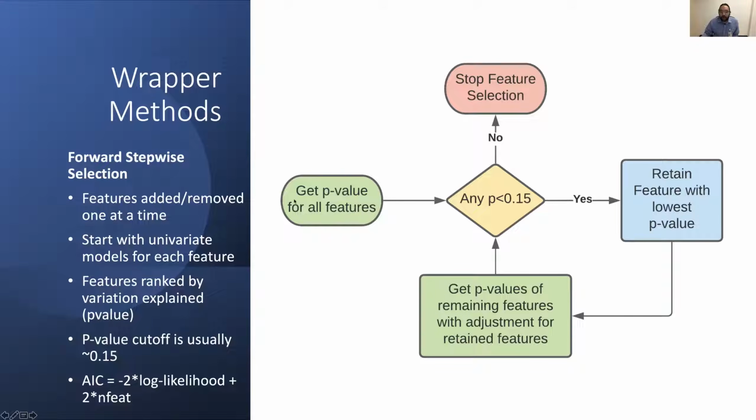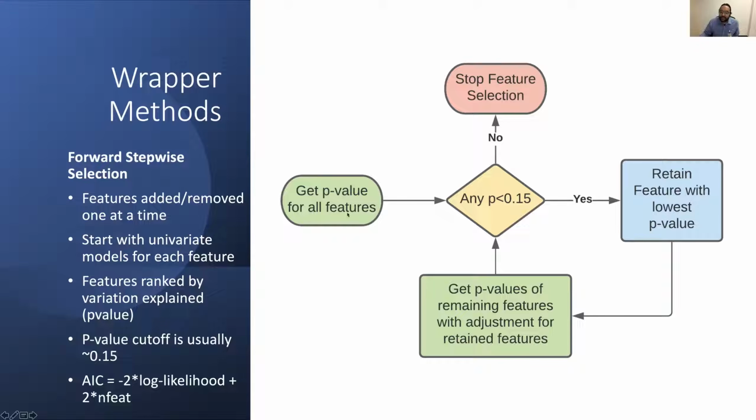So it starts with a univariate analysis, right? You get the p-values for all the features, okay? And then you ask the question, do any of them have a p-value that is less than 0.15? Notice that it's not 0.05. It doesn't have to be exactly significant. It just has to have a chance to be, right?